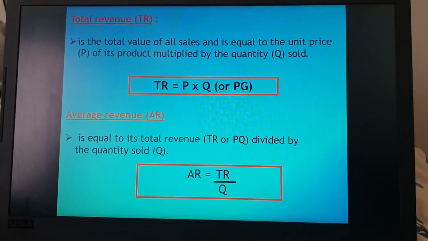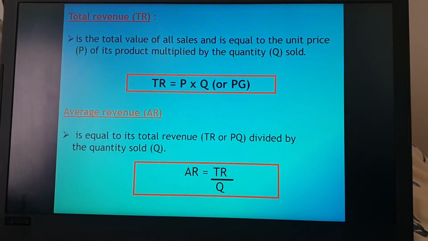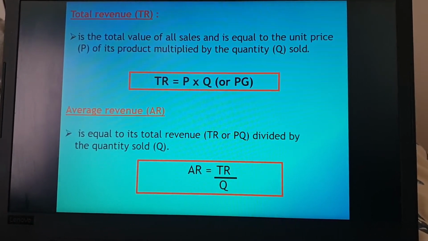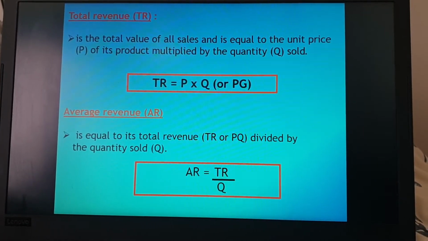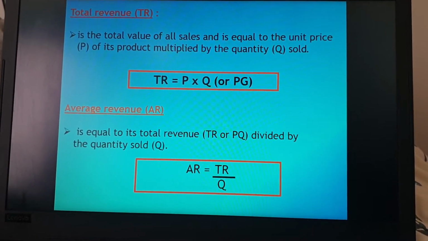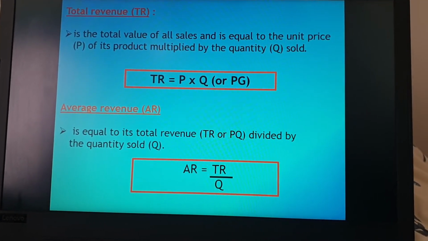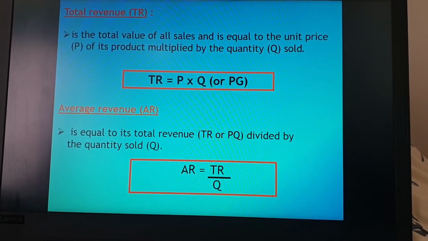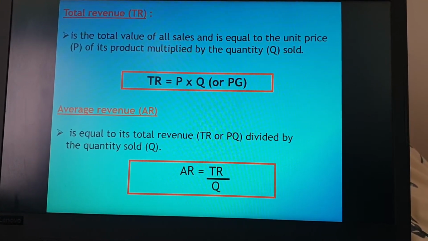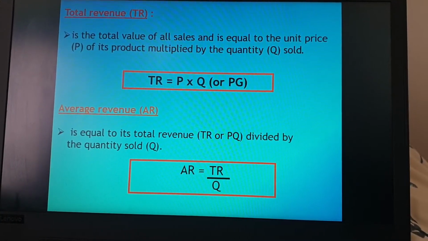Total revenue is the total value of all sales and is equal to the unit price, P, of its product multiplied by the quantity, Q, sold. We looked at this earlier in our previous topic, the second part of the markets, where we looked at the perfect market and how to indicate whether there is revenue, total revenue, total cost, or a profit or a loss.